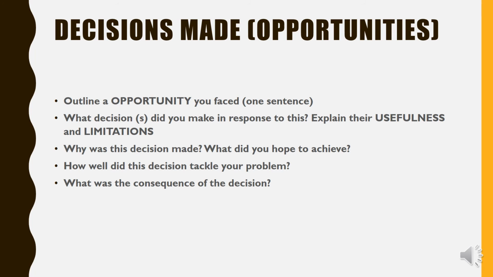Now, challenges, opportunities, we do like you to talk about both. We like you to show that things went well as well as badly. If you have more challenges than opportunities, you might talk more about your decisions made in response to challenges and so on and so forth.